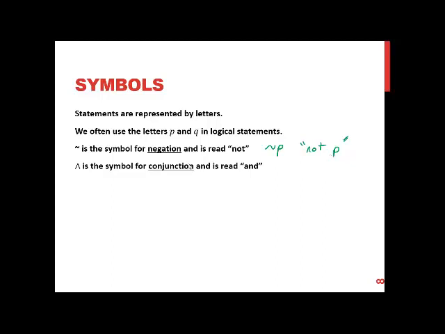The wedge is the symbol for conjunction, and it's read "and." So we would say P and Q. The V is the symbol for disjunction and is read "or." So we could say P or Q.